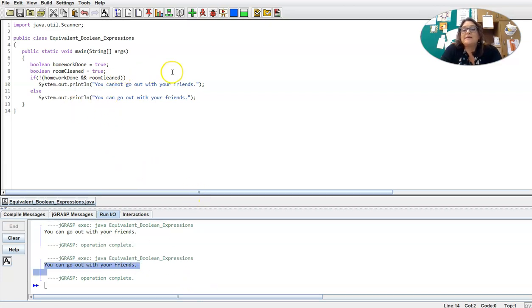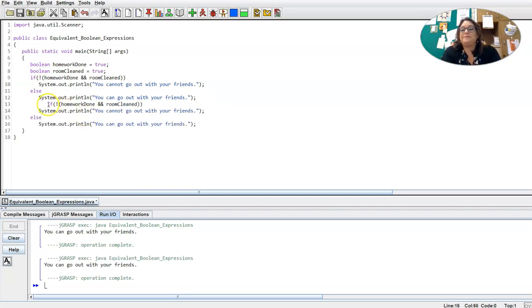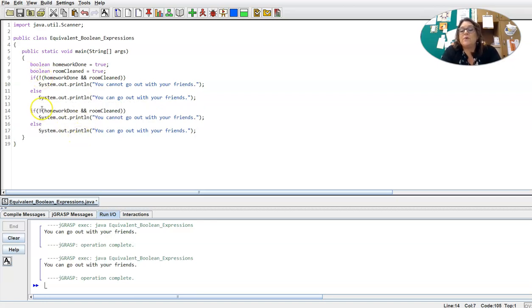Now, looking at equivalent Boolean expressions, okay, we're going to look at something called De Morgan's law. So in De Morgan's, what happens is we can distribute this not operator over the parentheses as long as we change the and in the middle to an or.